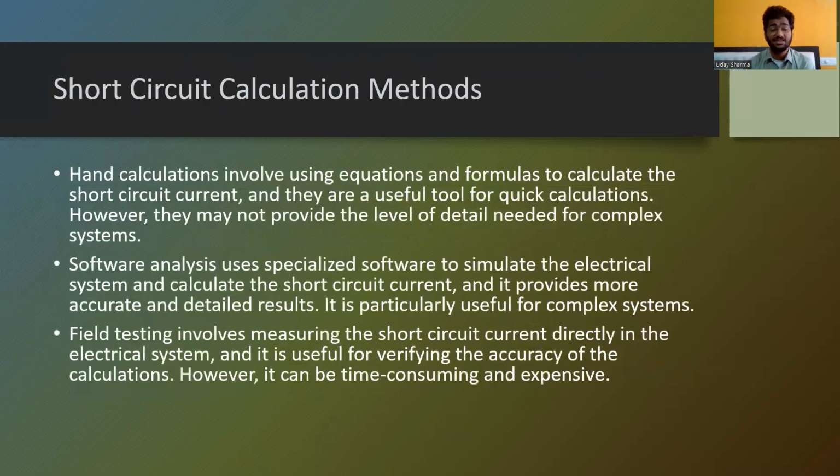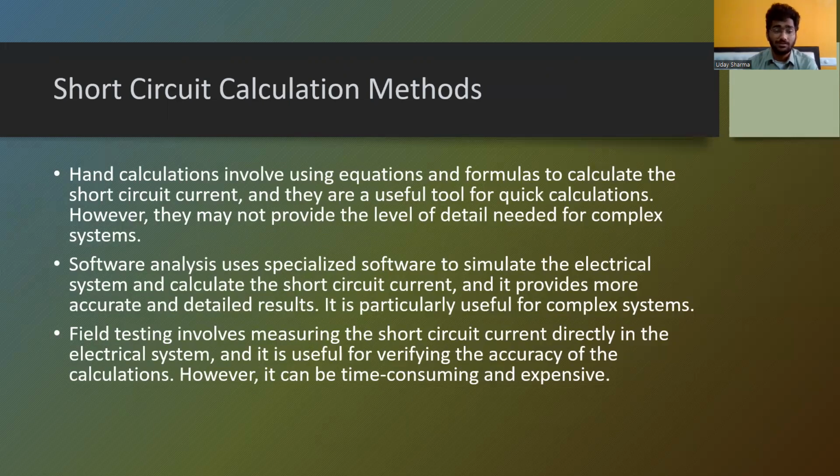Short circuit calculation methods. Let us see what calculation methods we can use in short circuit analysis. Hand calculations involve using equations and formulae to calculate the short circuit current. They are a useful tool for quick calculations. However, they may not provide the level of detail needed for complex systems.